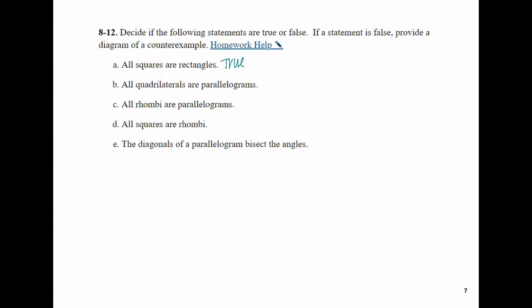Well, this is a false statement because if we have a trapezoid, for example, these two sides are parallel, these two sides are not. So there are quadrilaterals that are not parallelograms, because a trapezoid does not have two sets of parallel sides.